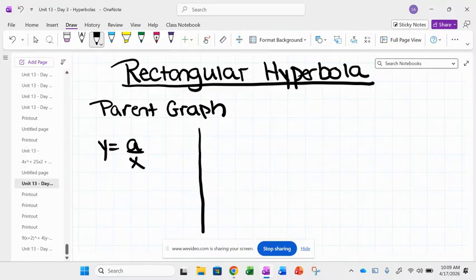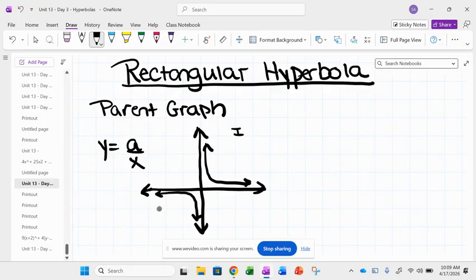And what that looks like is a curve in quadrant 1 and a curve in quadrant 3. Or the other parent graph is y equals negative a over x.